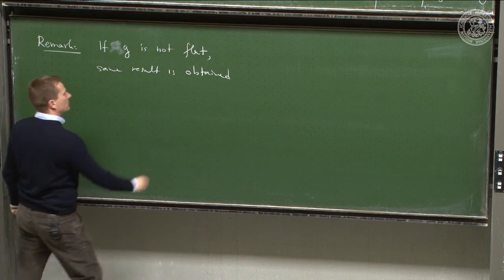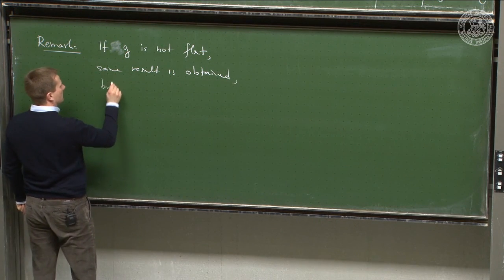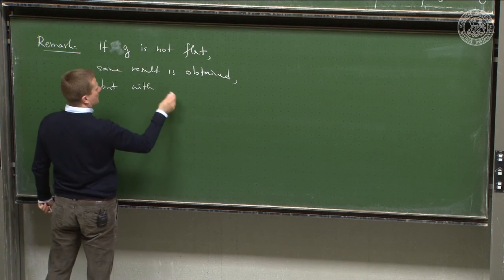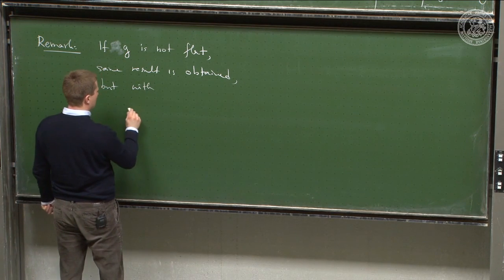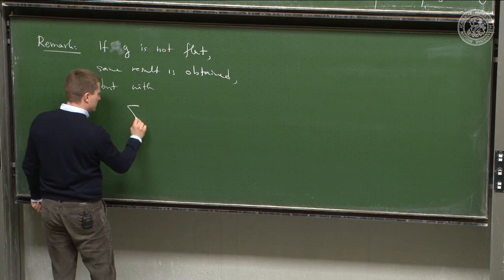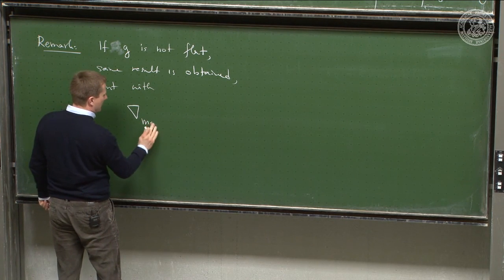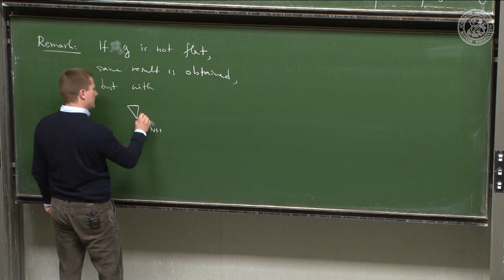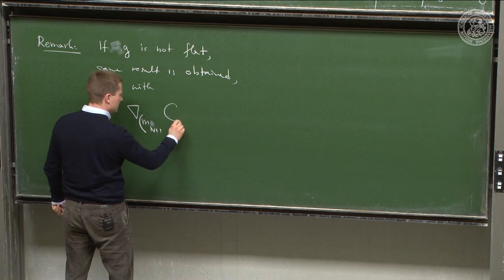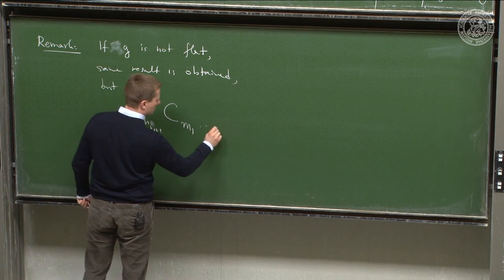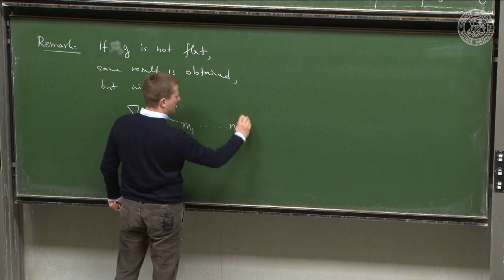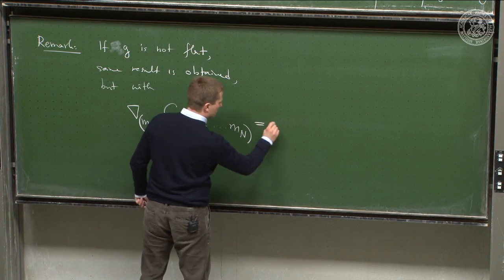Same result is obtained, but with the covariant derivative m n plus 1 symmetrized C m1 up to mn symmetrized equals 0.